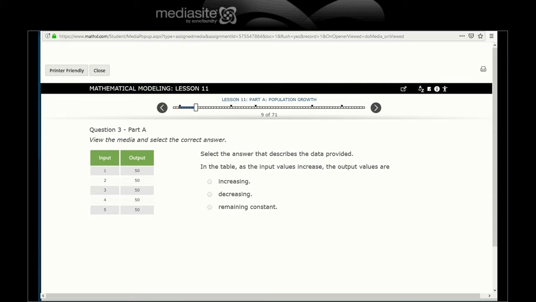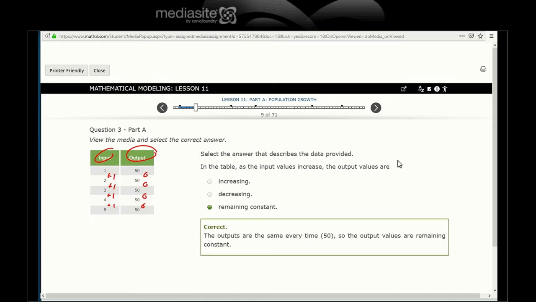View the media and select the correct answer. Select the answer that describes the data provided in the table. As the input value increases, the output value goes up? No change, no change, no change, no change. It means constant. So that means this will look something like that, a horizontal line.